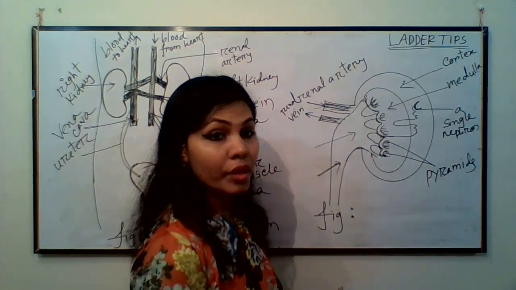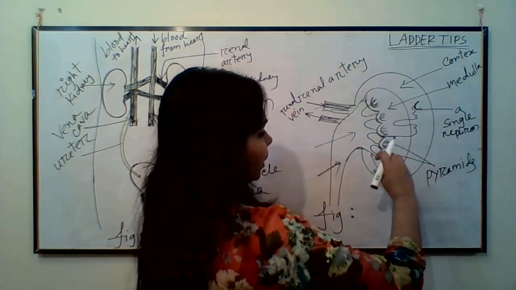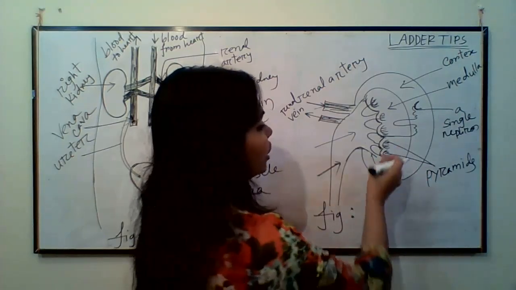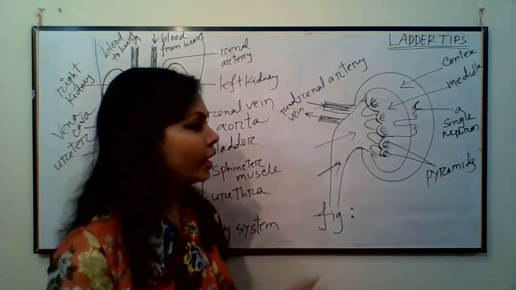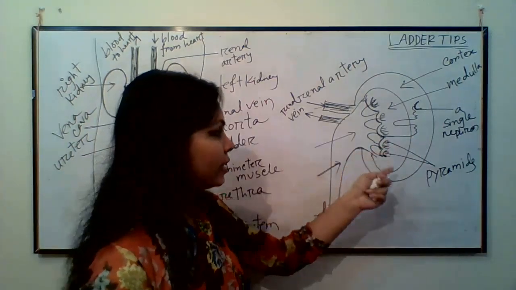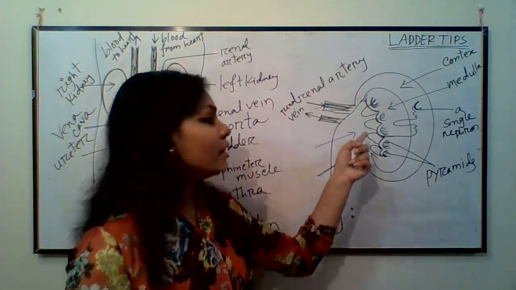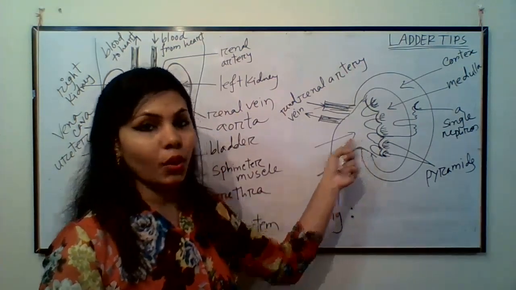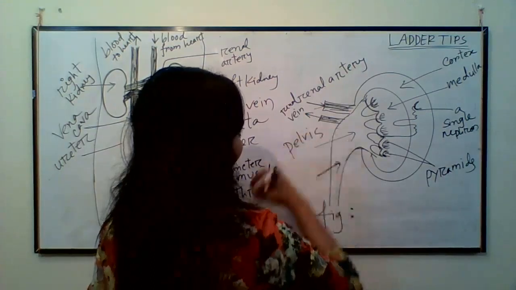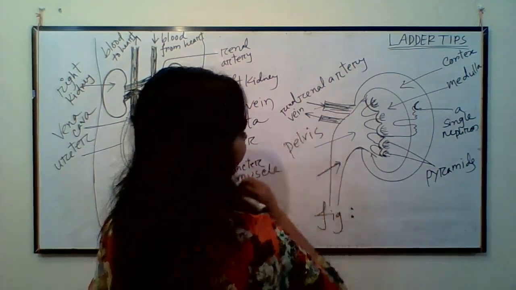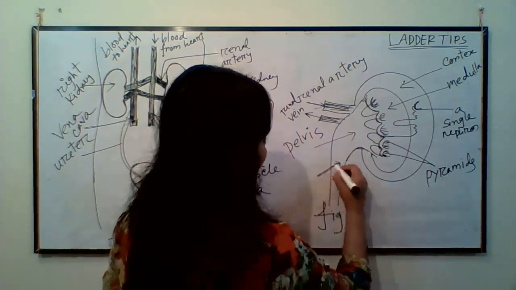The pyramids then join and point towards the concave side of the kidney, with the nephron. And then they empty the urine in this space. It is called pelvis.